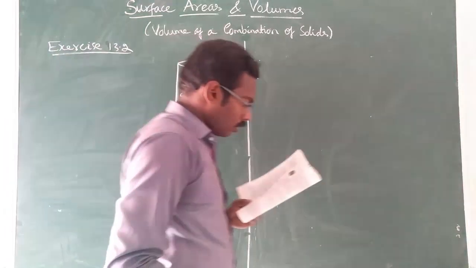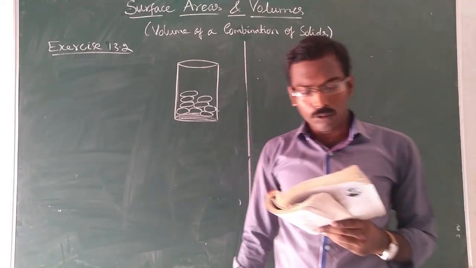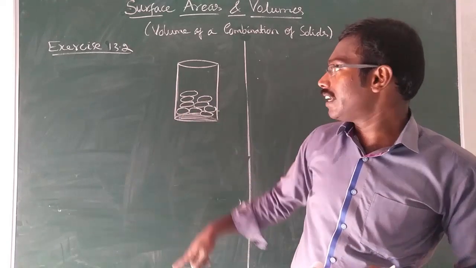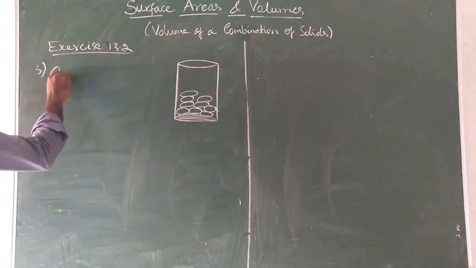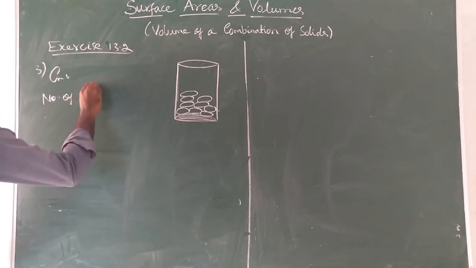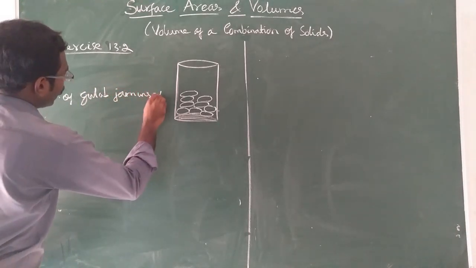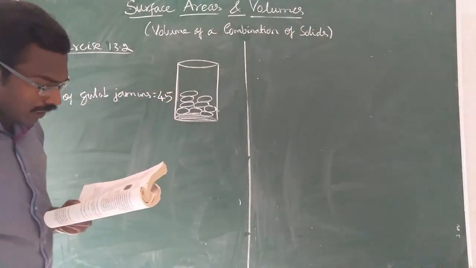Now find approximately how much syrup would be found in 45 gulab jamuns. So it is given the number of gulab jamuns is given as 45. So 45 gulab jamuns are present.